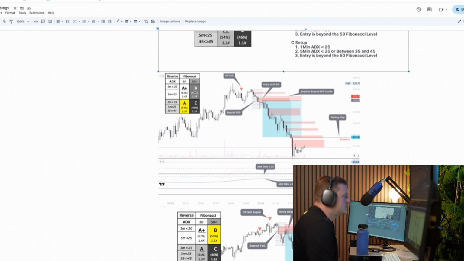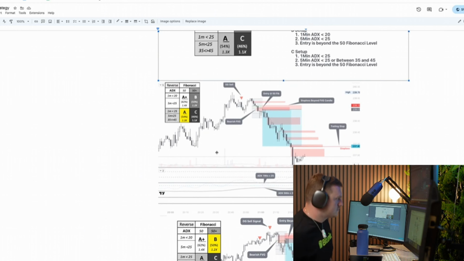Now, here's another trade example. You can see this is an A setup, because if we look right here where our ADX lines are, 1 minute is below 25, ADX 5-minute is below 25 as well, but the 1 minute isn't below the 20, so that's making it the A setup. We can see right here we are in an uptrend.